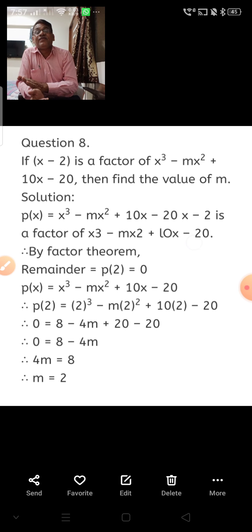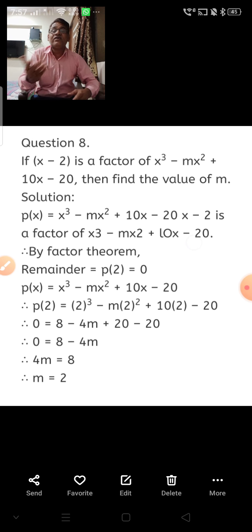It means when you find the remainder of this polynomial divided by x minus 2, you get 0 because it is a factor. When the given divisor is a factor of the given dividend, then the remainder is 0. You already know that. So by using this concept, you can find the value of m.